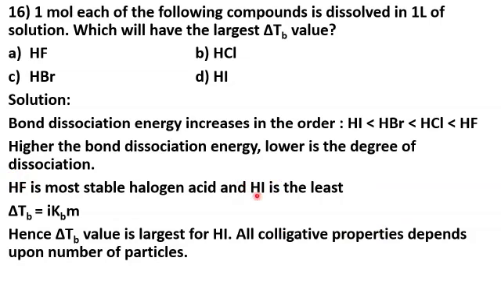So HI when added to water will produce more number of ions. So if number of ions or number of particles increases, colligative property, that is elevation in the boiling point, also increases, delta Tb. Hence delta Tb is greater for HI compared to all other acids. Therefore correct option is option D here.